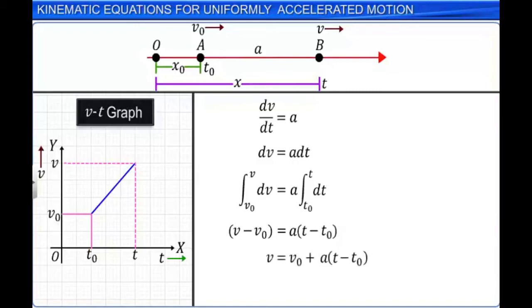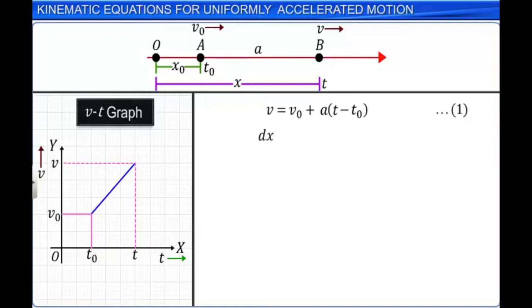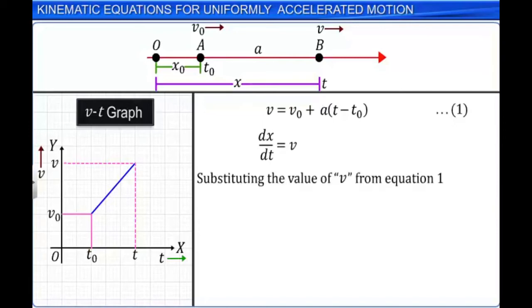We know that dx by dt is equal to v. Substituting this value in equation 1, we get dx by dt is equal to v naught plus a into t minus t naught. By cross-multiplying, we get dx is equal to v naught plus a into t minus t naught multiplied by dt.